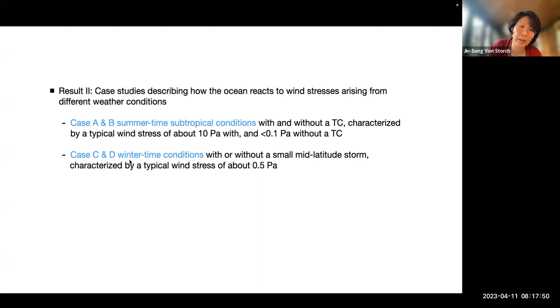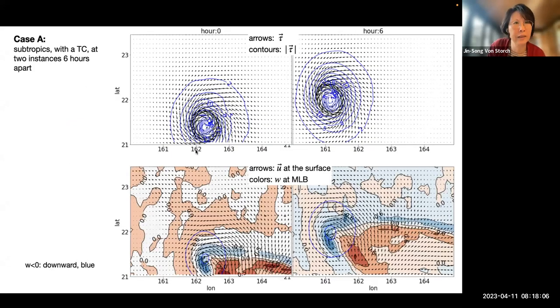And then we consider also the case during normal wintertime condition, in the southern hemisphere, where the typical wind stress magnitude is about 0.5 Pascal. So this is the case in the subtropics where we have a tropical cyclone. In the top panel, I show the wind stress vector in arrows, and the magnitude in contour.